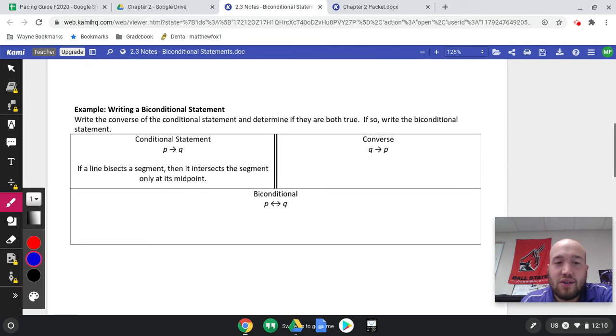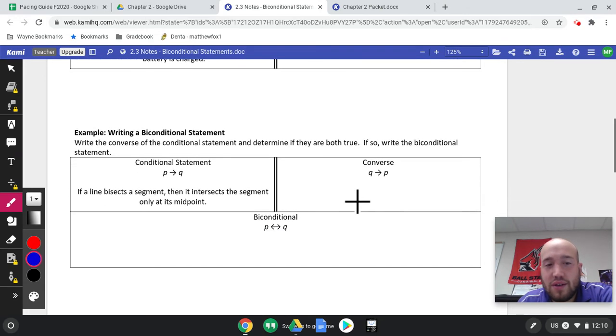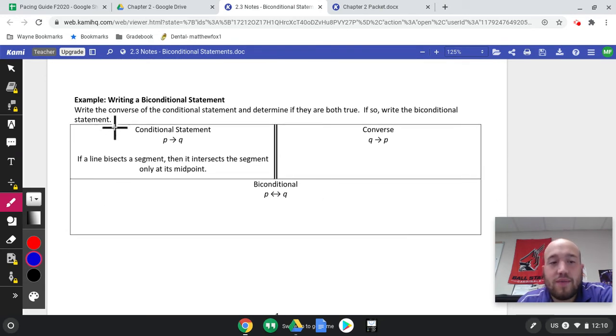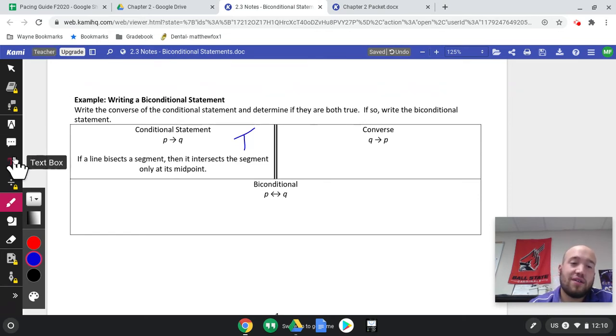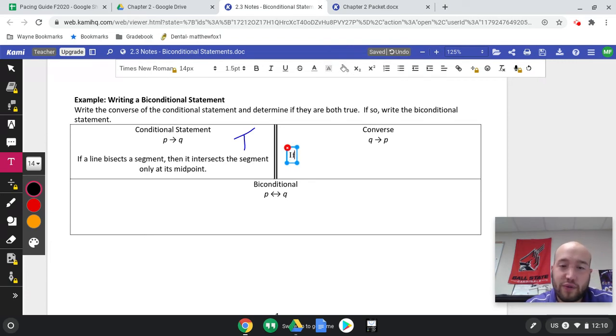Let's continue now. Since one's true and one's false, we can't write a biconditional statement. Now this next one: if a line bisects a segment, then it intersects the segment only at its midpoint. That is true. Remember the definition of a bisector, it cuts the segment into two equal parts, so it will go through the midpoint. Now, our converse over here will start with if once again.